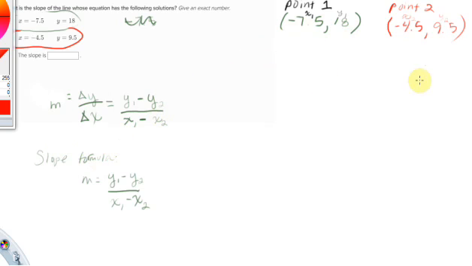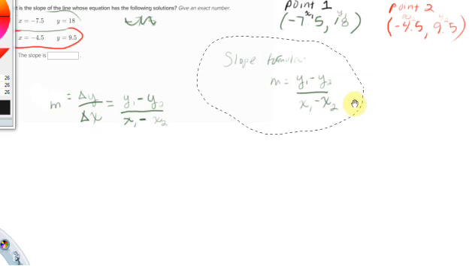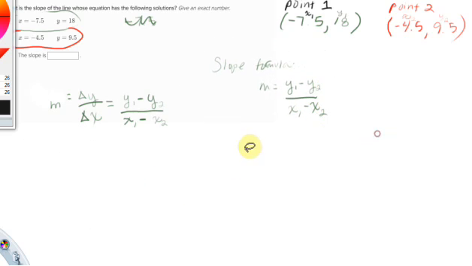So now I can just plug my points into my slope formula. In my slope formula, in the space for y1, I'm going to put my number for y1, which is 18. And in the space for y2, circled, I'm going to put my number for y2, which is 9.5.